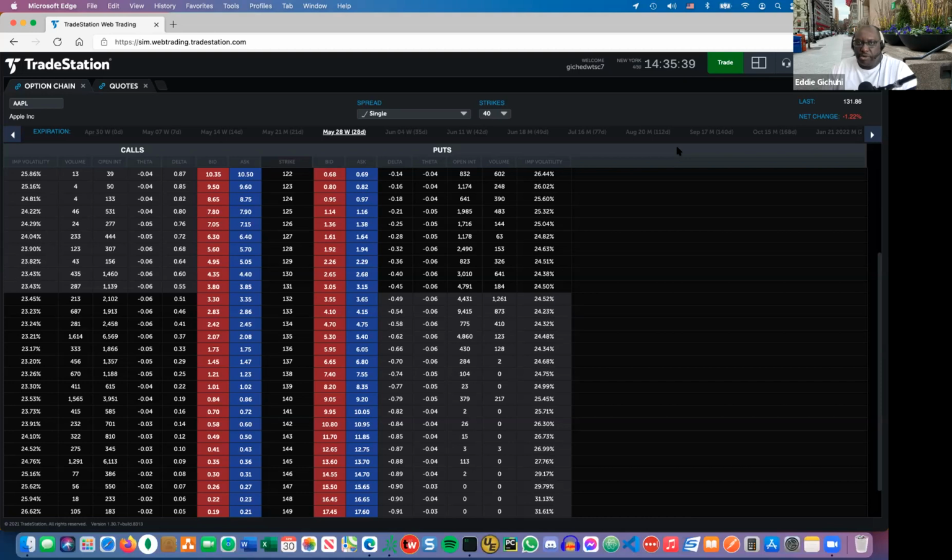Because during that time period, you have time to recover. For instance, if you had bought Apple at 134 last week, notice that after just a few days, it's gone down. Does that mean it's going to continue going down the rest of the time? Not necessarily. It could bounce back up. So this is a long answer to your question, but what actually happens is that you don't own the shares until you decide to exercise them.